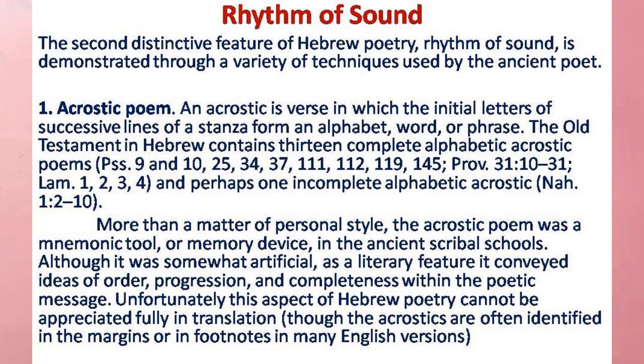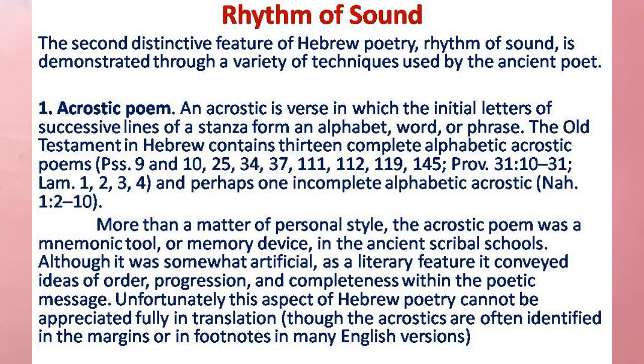Unfortunately, this aspect of Hebrew poetry cannot be appreciated fully in translations. One of the negatives of this kind of poetic section is that we cannot understand it fully because it is only applicable in the case of Hebrew poetry.